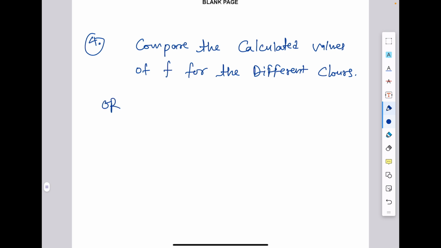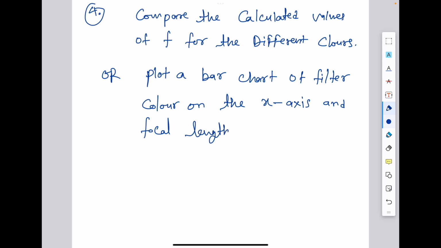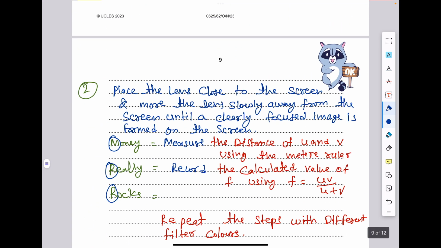Either you can say this or plot a bar chart of filter color on the x axis and focal length on the y axis. Okay, that's all. This was the first 7 marker question, and yeah, thank you everyone.